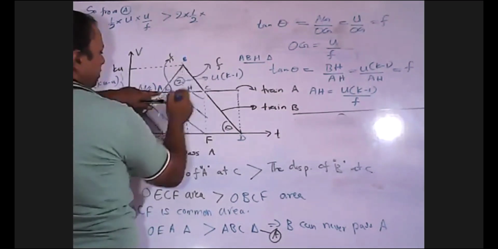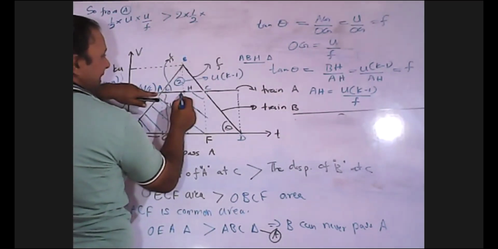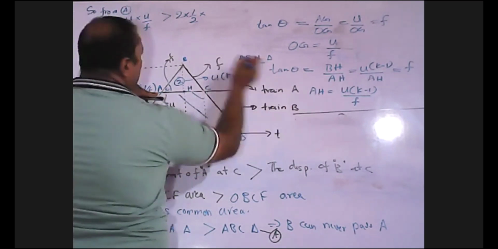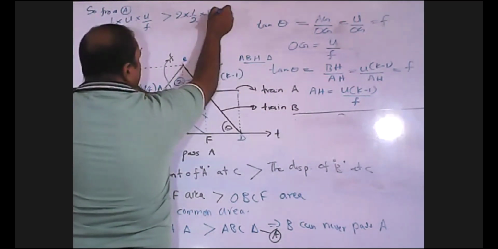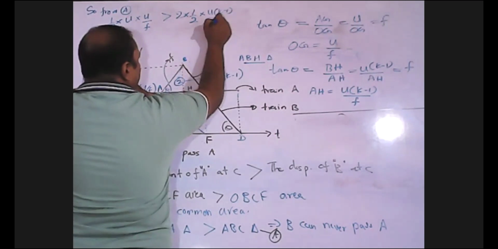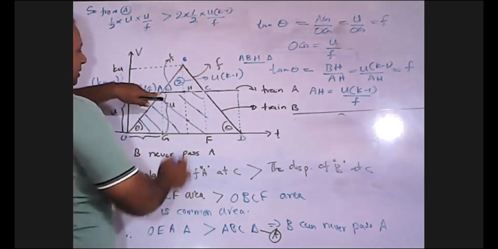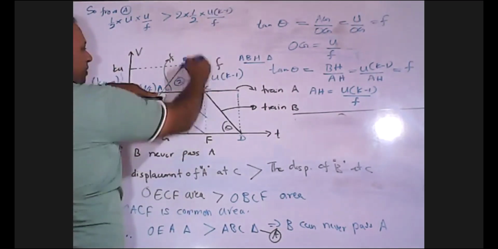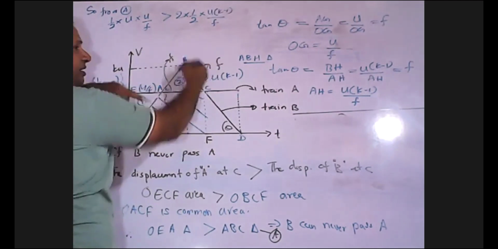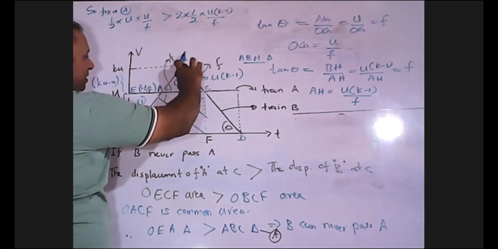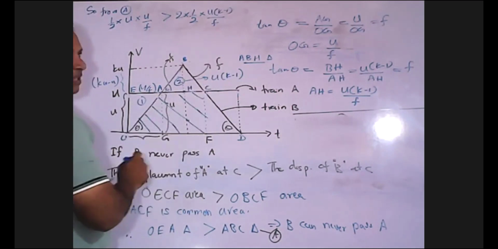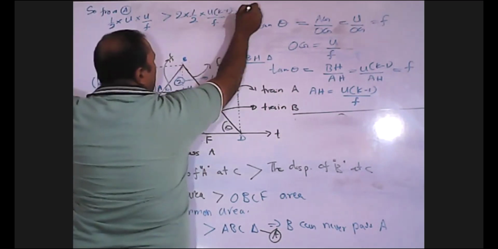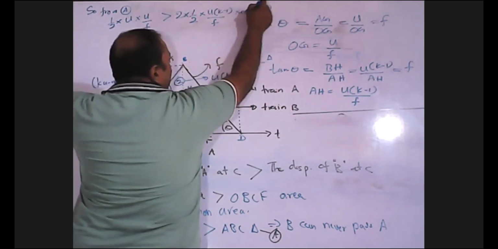The base is AH, which is U times K minus 1 over F, and BH is the height, U times K minus 1.